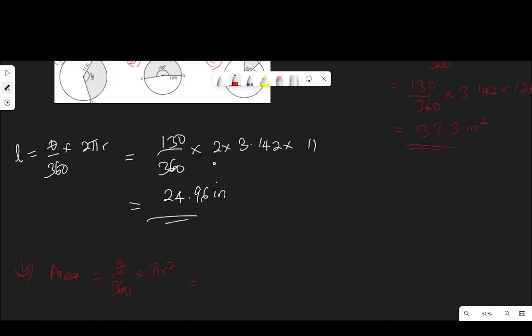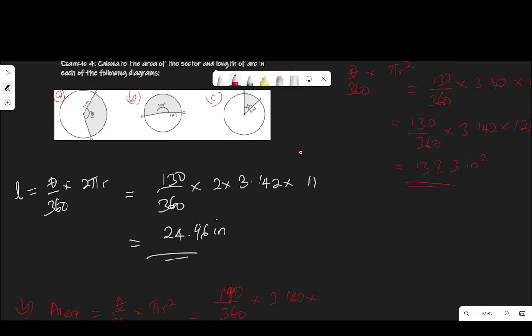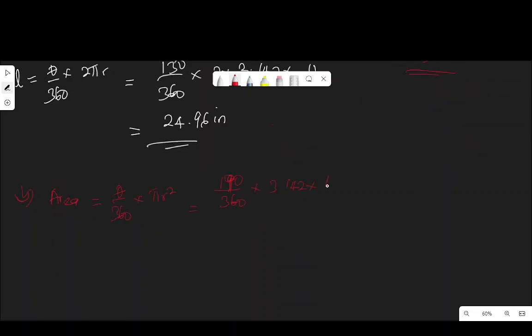The angle is 190, divided by 360 times 3.142 times the radius. What is the radius? 19 feet. 19 squared is 19 times 19, which is 361.